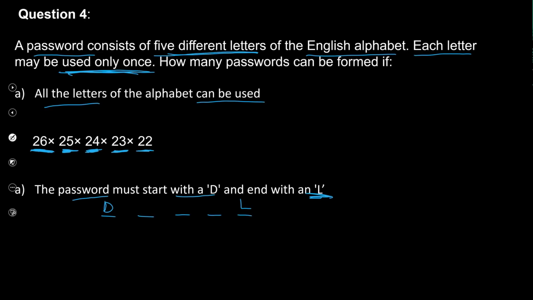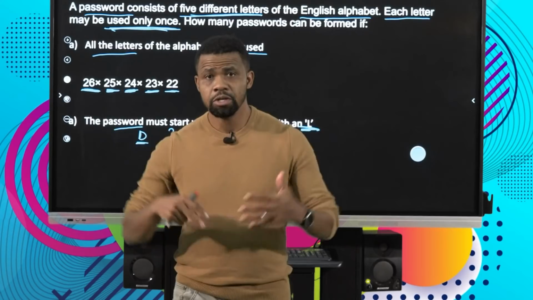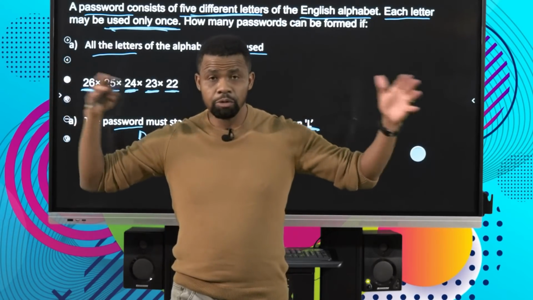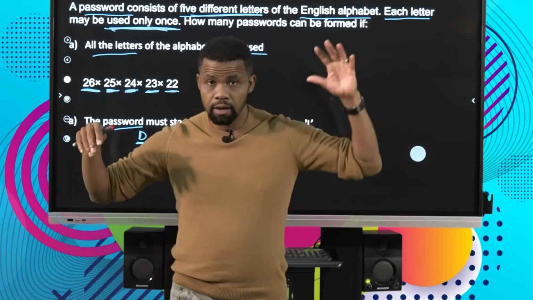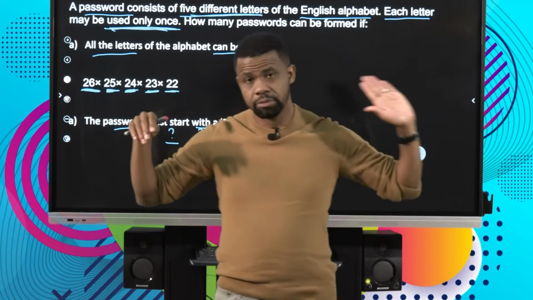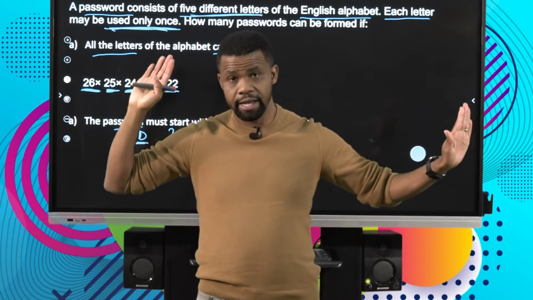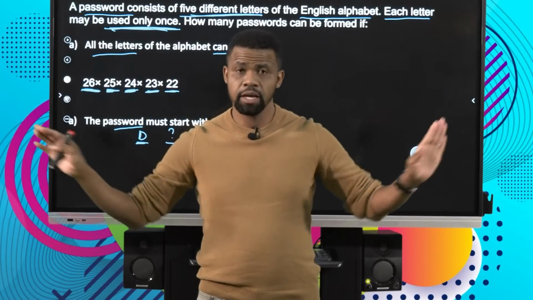What we have to worry about is the positions in between. Are we together? From our 26 letters, the password must start with D and also end with L. Can we repeat in between?